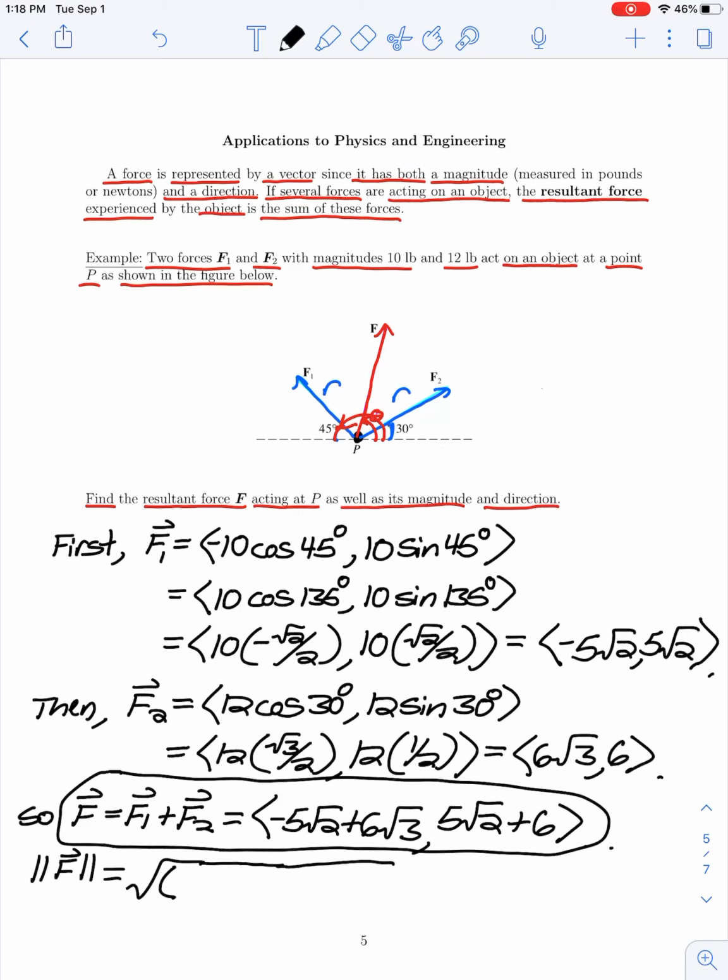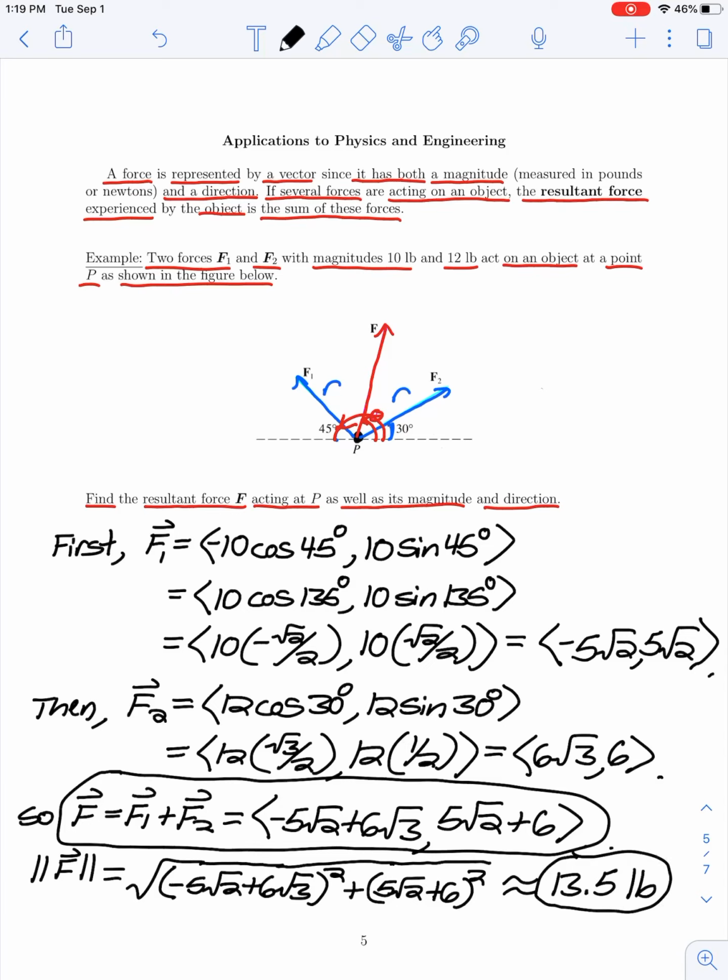So for our first component, we had negative 5 root 2 plus 6 root 3 squared, plus, for our second component, we have 5 root 2 plus 6 squared. We're taking the square root of that value. So by making use of a calculator or some software, we find that the magnitude of this resultant force F is approximately 13.5 pounds.